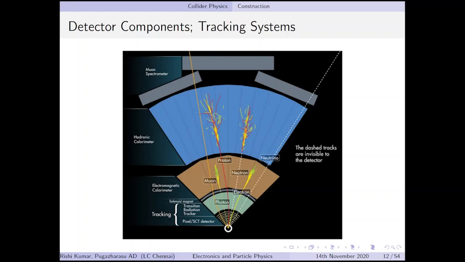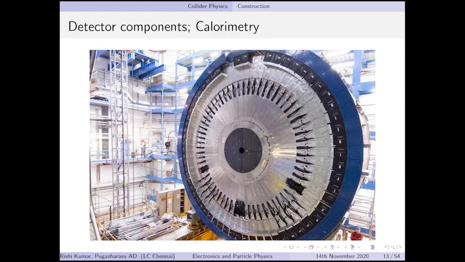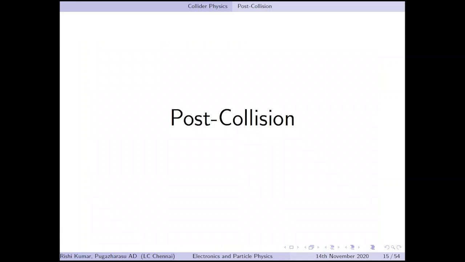That is compensated by the neutrinos. So that is how we indirectly detect neutrinos, and not by directly using a detector to track the neutrinos themselves.